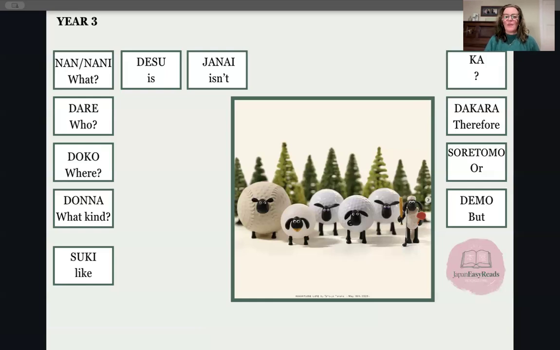That's our goal. We want them to be able to recognize, comprehend, and use this limited but very powerful high frequency vocab.